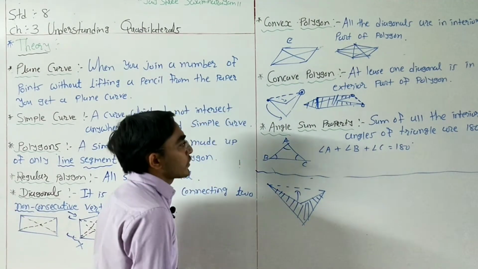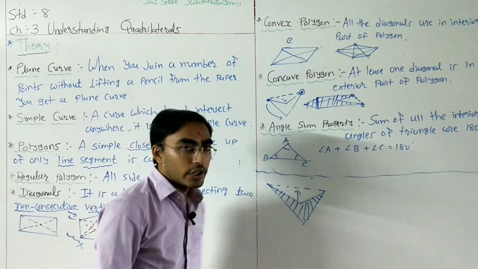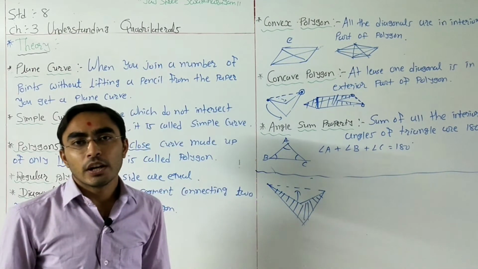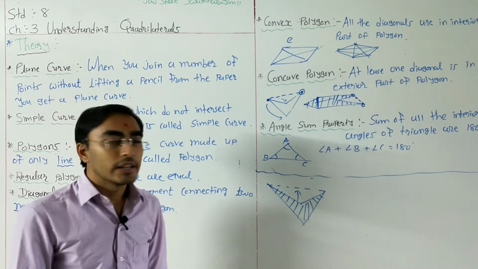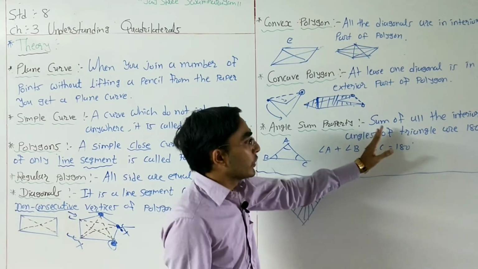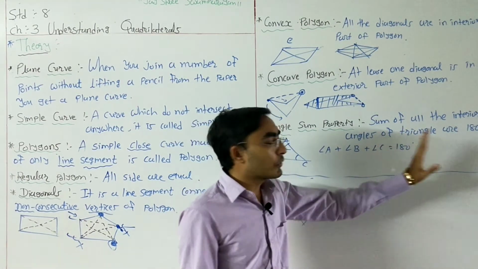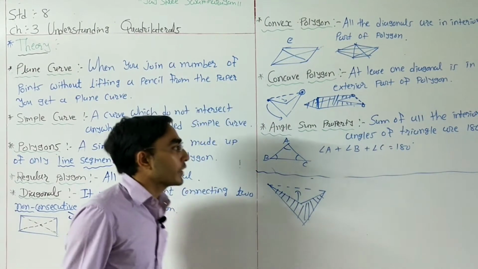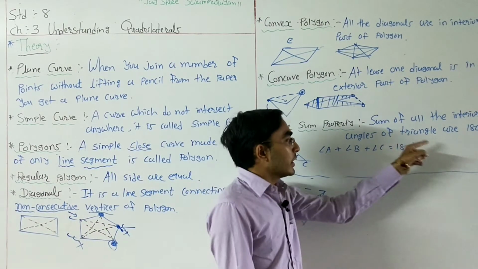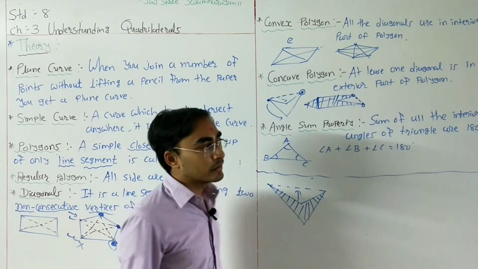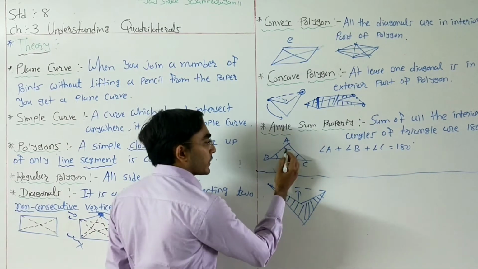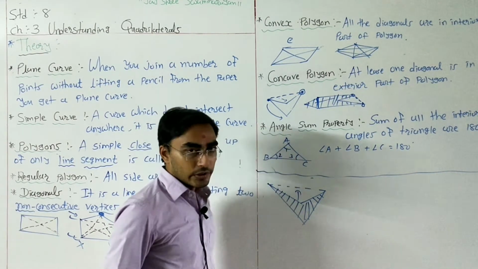Next topic is angle sum property. This property we already learned in the previous standard, right? What is the angle sum property? Sum of all the interior angles of a triangle is 180 degrees. Now here we have a triangle. These three are the interior angles.